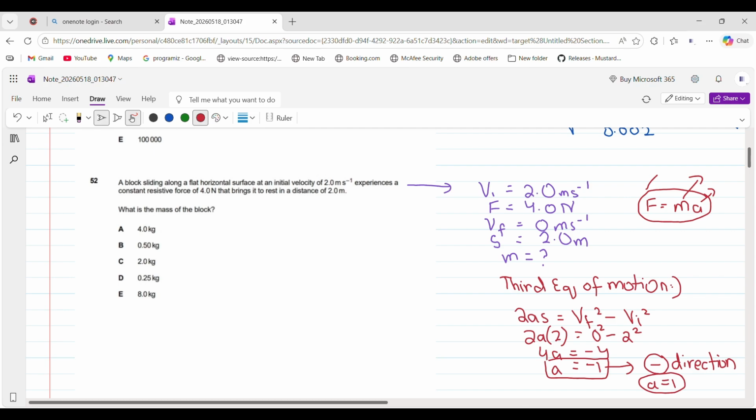Now let's substitute our values in this formula, F = ma. Since now we have force and acceleration as well, this is how we can find the mass of the block.